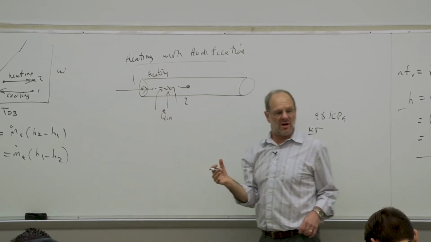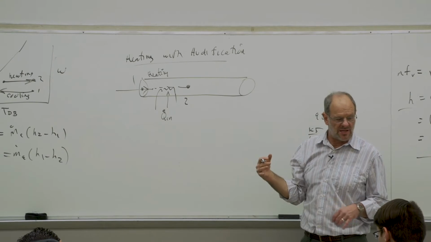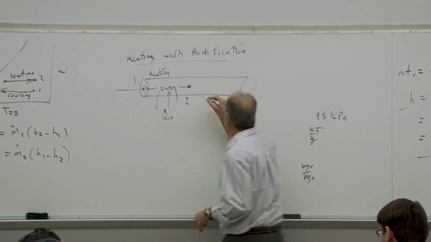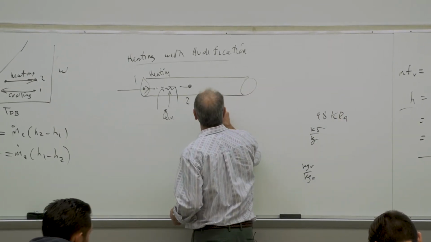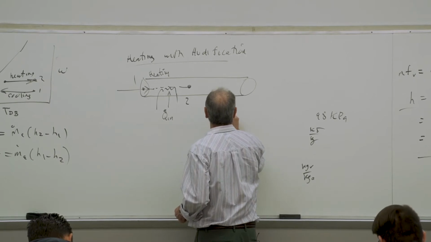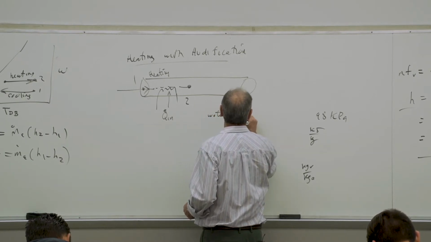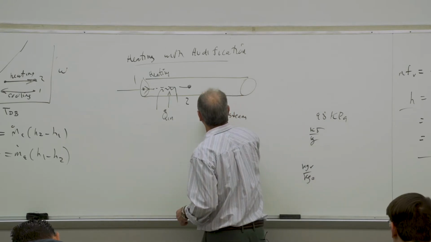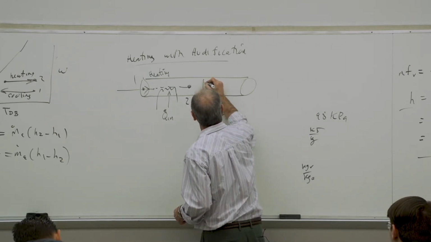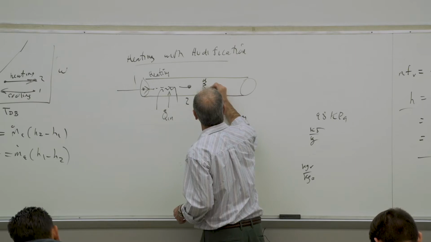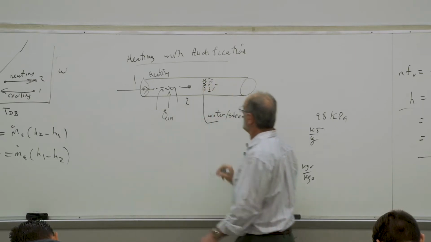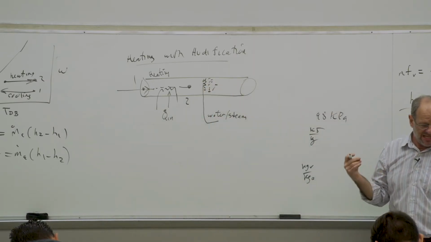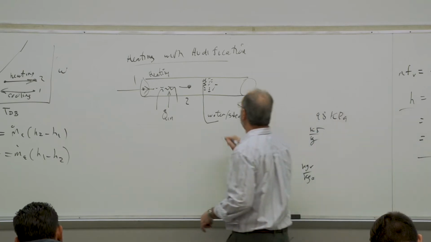And then after the heating process is over, we'll have a separate process, which is the humidification process. In this humidification process, we're going to have some sort of water or steam. It really just depends. And this water or steam is going to come in through a series of spray nozzles and will actually be sprayed into that airstream.